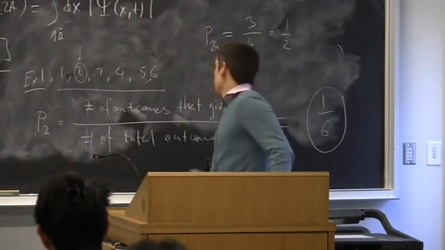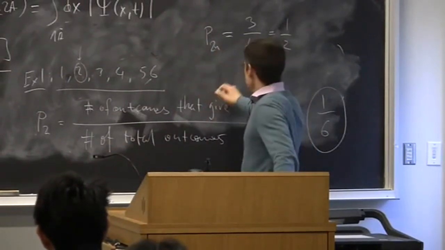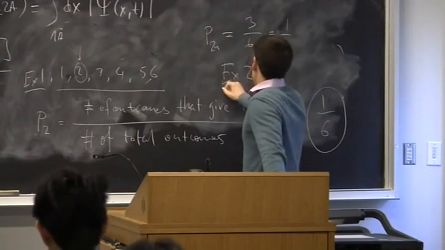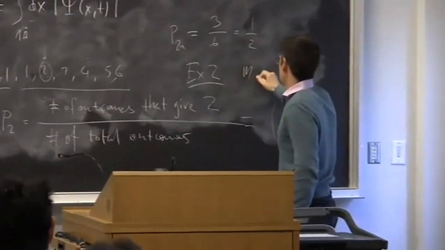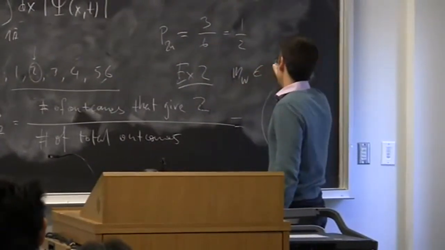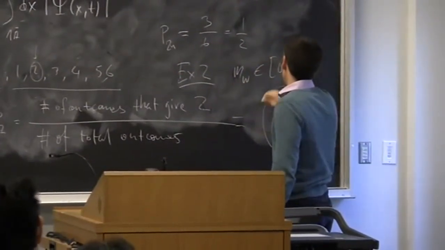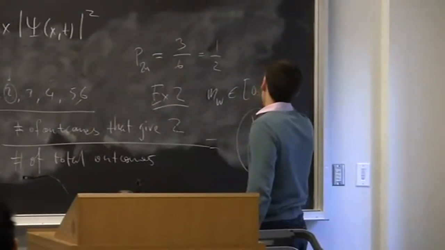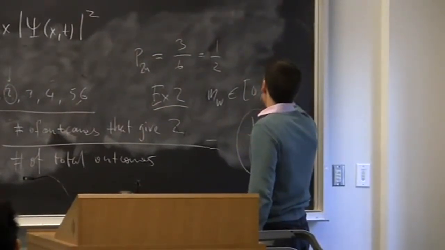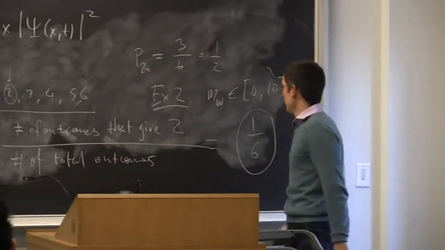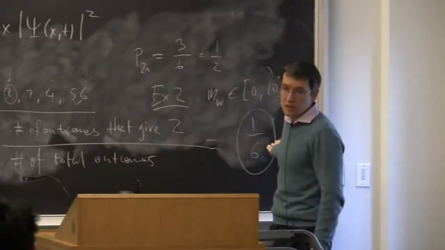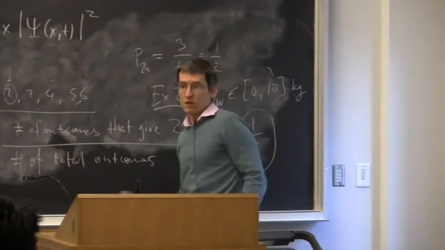So, example 2: the mass of a watermelon can be in the range between, say, 0 to 10 kilograms, and anything in between 0 and 10 kilograms could be a weight.